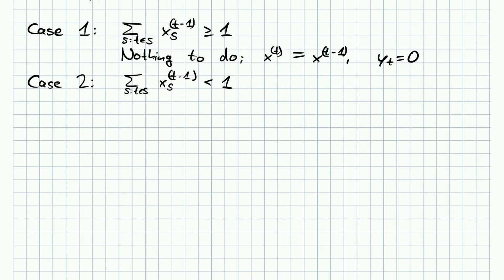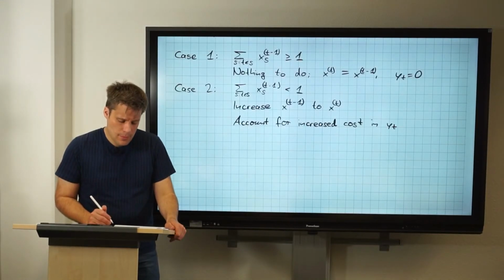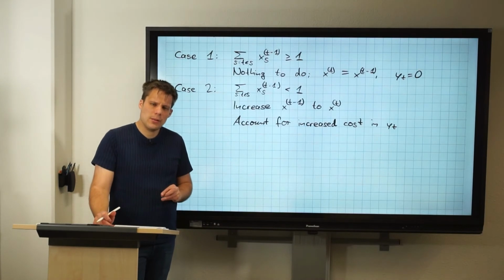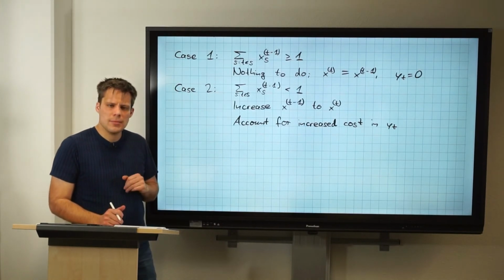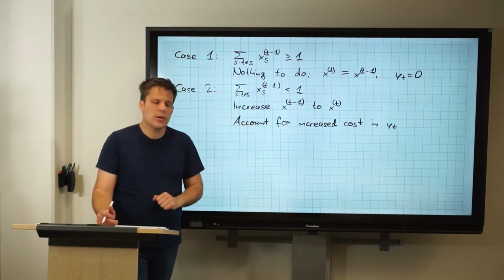And what are we now doing? We will increase this x_{t-1} to x_t, and we will account for the increased cost in the new dual variable that we're setting. In the case of ski rental, we had a pretty explicit formula to do this, and we derived it in an easy way because we knew what would be a good choice of this y_t.